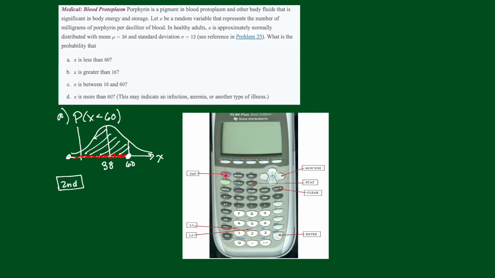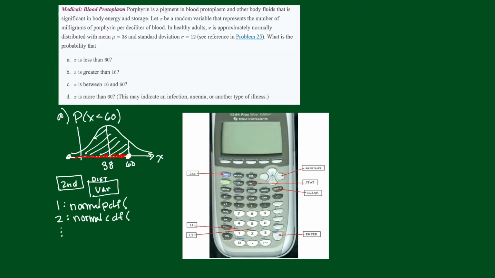So row 1, column 1. You press second, and then you come down and press vars. So row 3, column 4. You press second, then vars for variables, and right on top of that is distribution. So try that. You get second distribution, and then you get a menu.